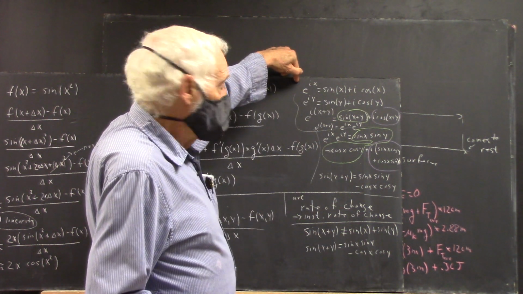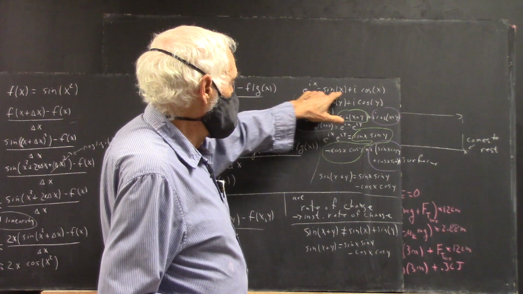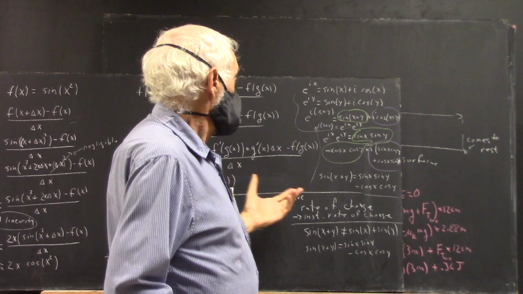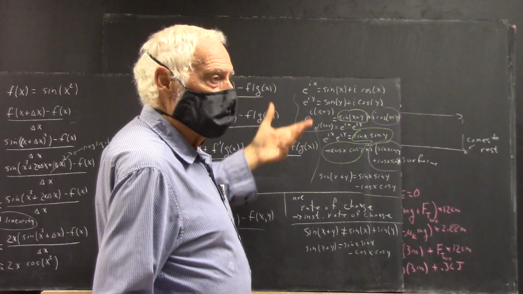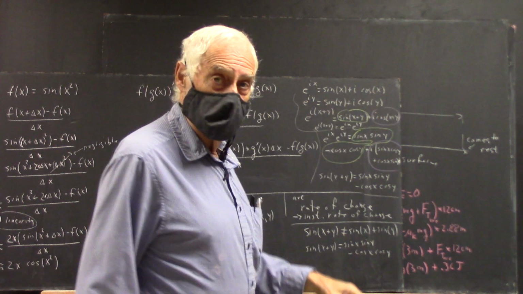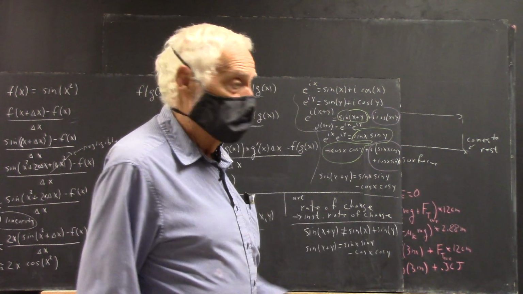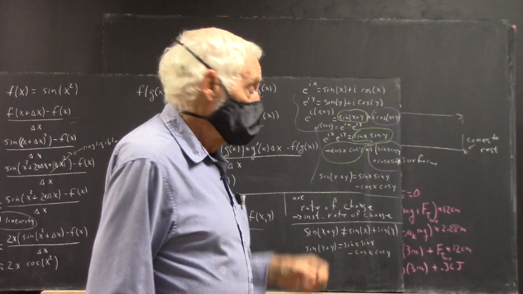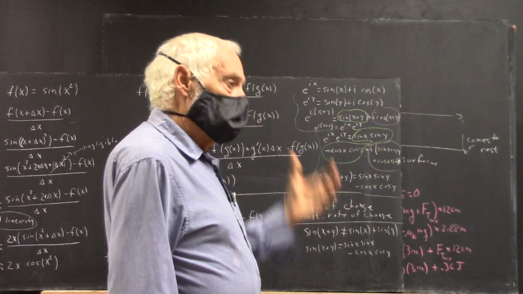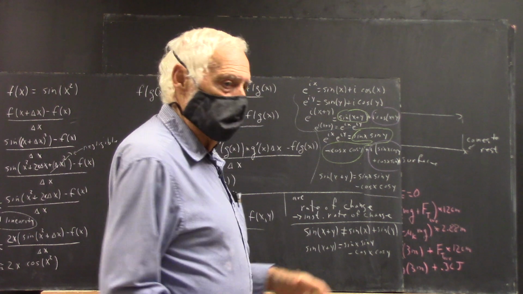But we have e to the ix is sine of x plus i cosine of x. That comes from knowing, first of all, what the Taylor expansions of the exponential, sine and cosine functions are, something you should never forget, or at least something you should be able to write down very quickly just from the definition of the Taylor series.